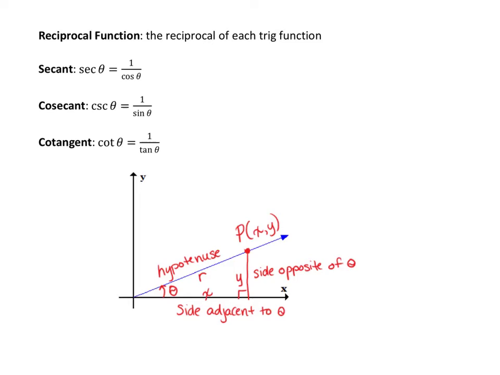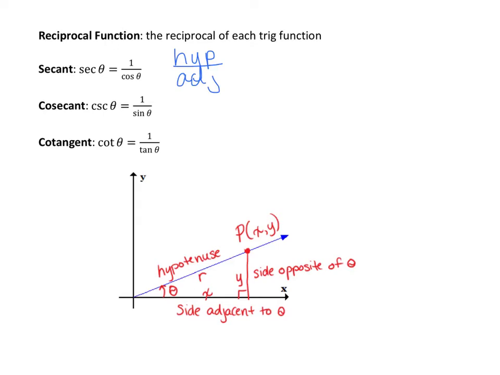Each of the three trig functions has a reciprocal function. They are secant, cosecant, and cotangent. Secant is 1 over cosine. If cosine was adjacent over hypotenuse, secant is hypotenuse over adjacent.